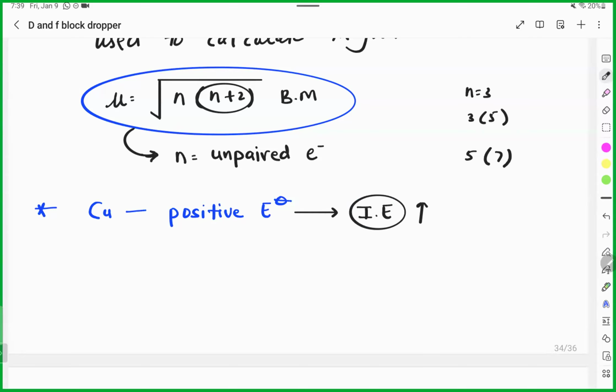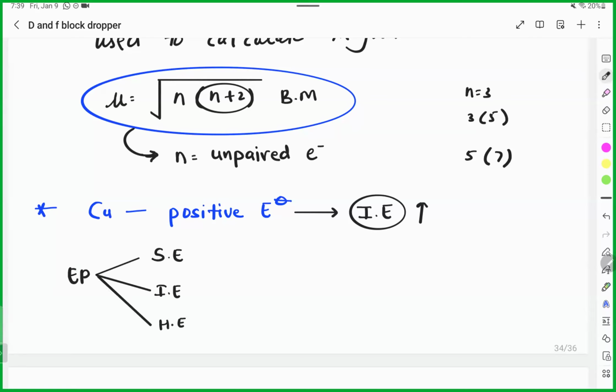If it is negative, ionization enthalpy will be low, because you can't simply tell hydration enthalpy easily, right? It will be difficult to tell sublimation energy also, though we know electrode potential is decided by three factors: sublimation energy, ionization energy, and hydration energy.